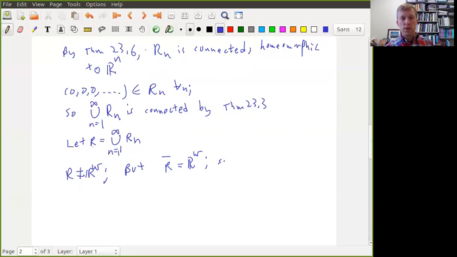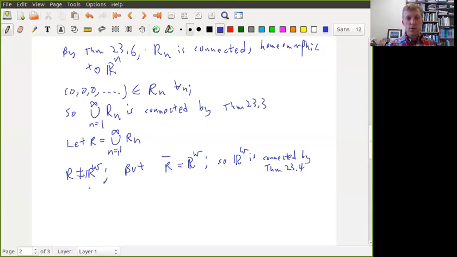So R omega is connected. I said closed, I meant connected. R omega is connected by theorem 23.4, which we proved in a previous video: if R is connected, the closure is connected. Actually, any set between R and its closure would be connected.